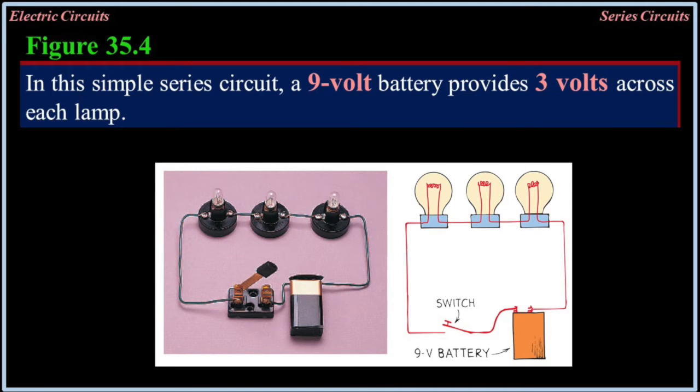The circuit shown in Figure 35.4 illustrates the following important characteristics of series connections. 1. Electric current has but a single pathway through the circuit. This means that the current passing through each electric device is the same. 2.